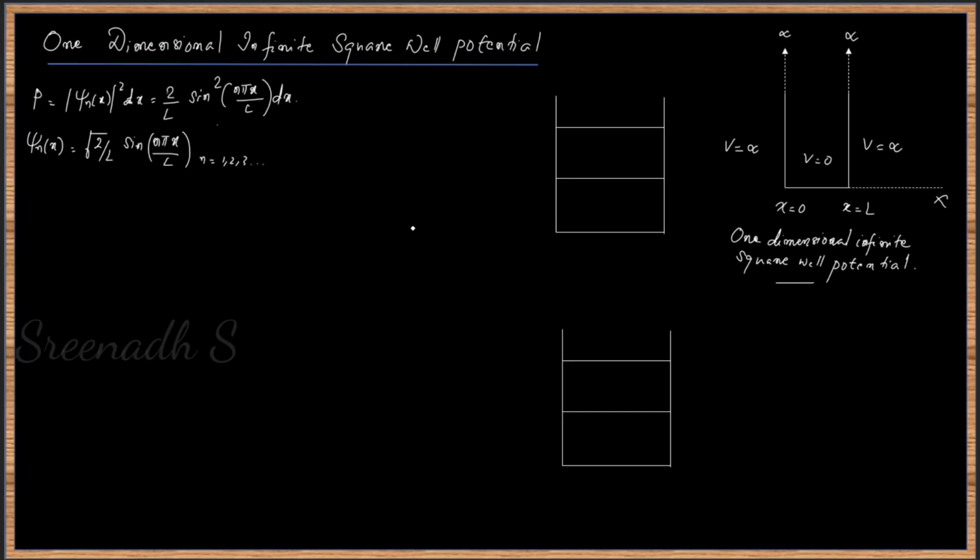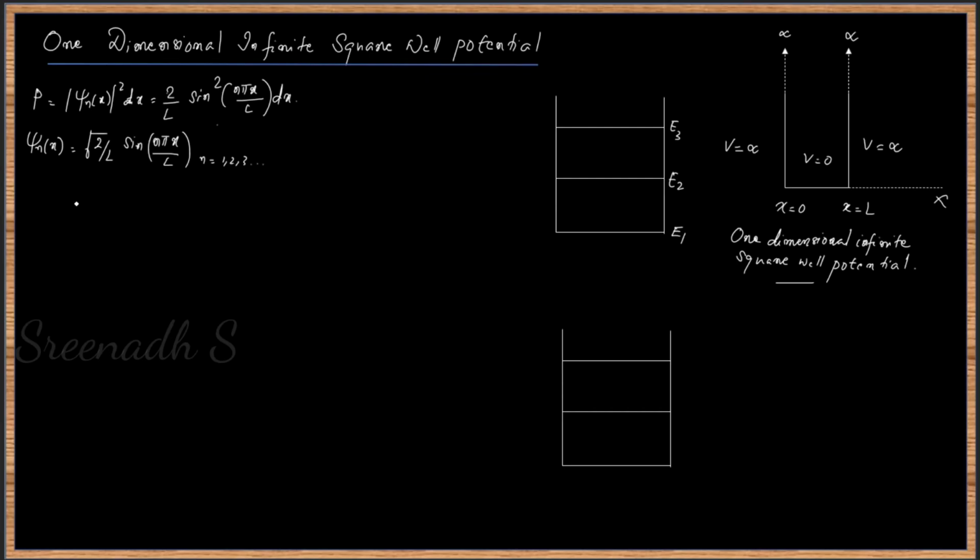So you can write the different energy levels E1, E2 and E3. Corresponding to these energy levels, we have psi 1, psi 2 and psi 3. So we are going to draw how the wave function will be formed for these different energy levels.